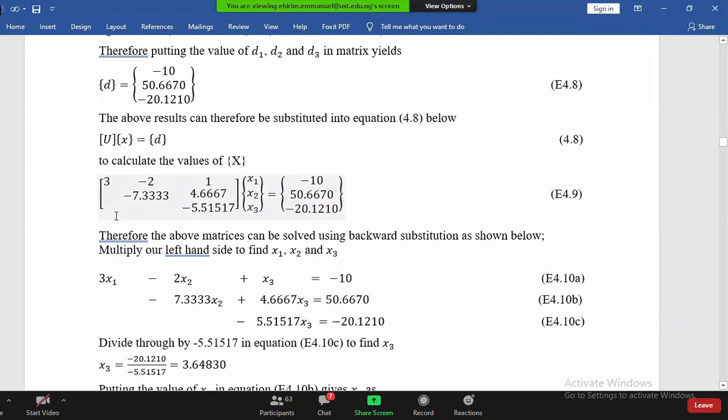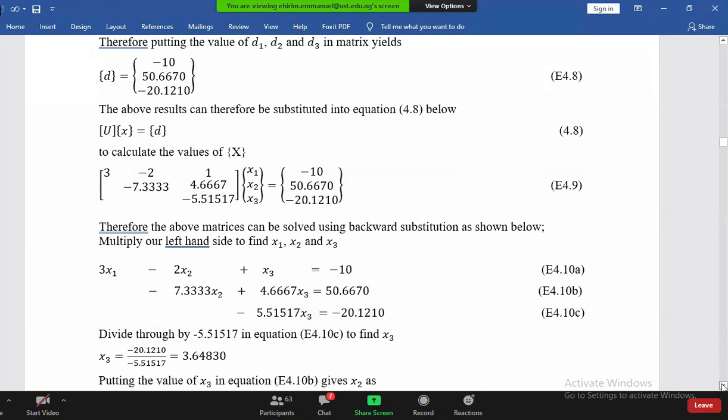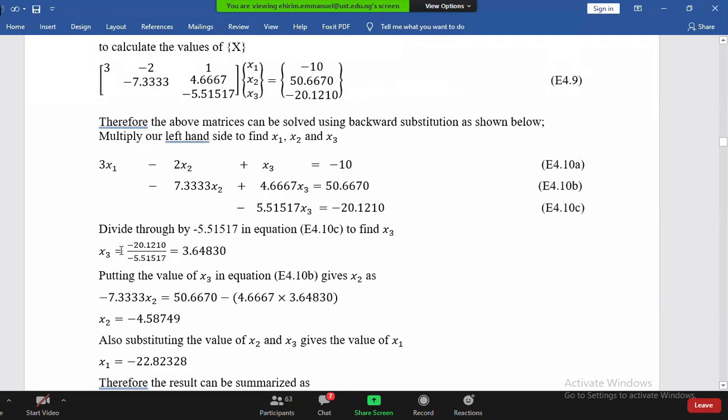Then the last equation, no X1, no X2, so we have minus 5.3517 X3 equals minus 20.1210. So you do back substitution. Look at X3 now quickly. X3 is minus 20.120 over this, which is 3.